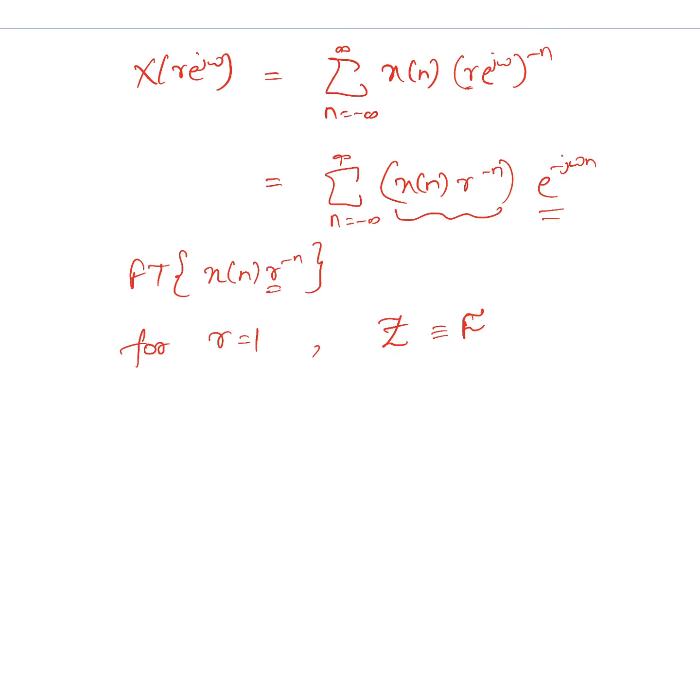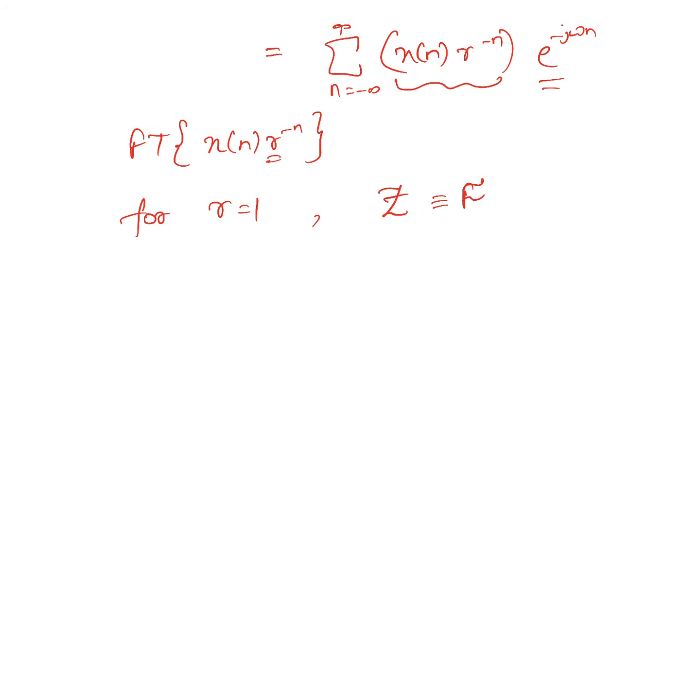So if we try to visualize on the complex plane, let's say we have the real part of z, the imaginary part of z, and this is the z plane.